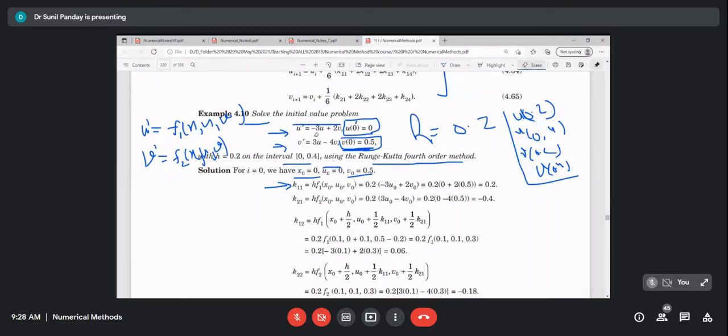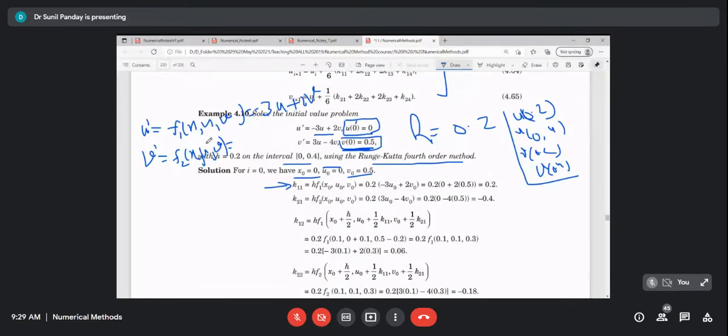Here you can see this is actually f1 of x u v, that is minus 3u plus 2v. Earlier we identified f of x y, but here we have two variables u and v.